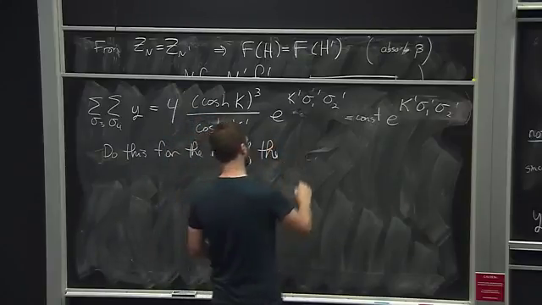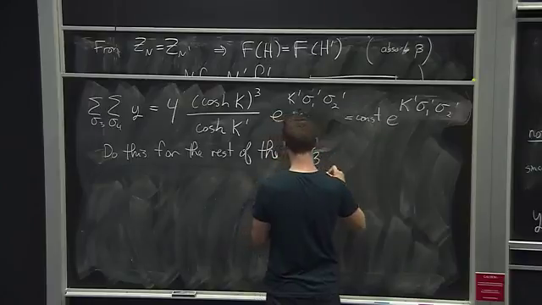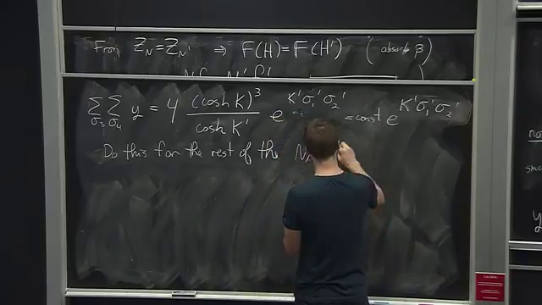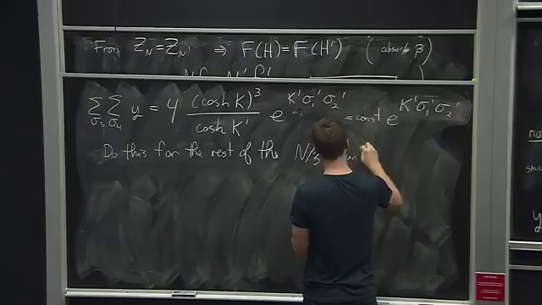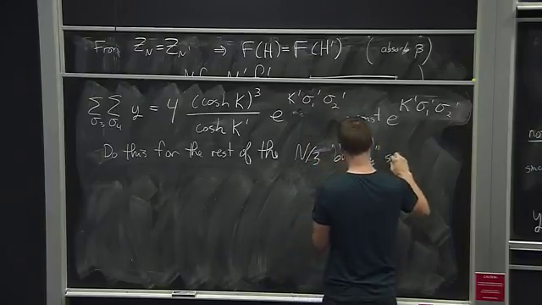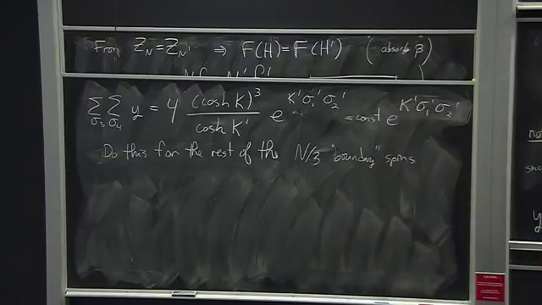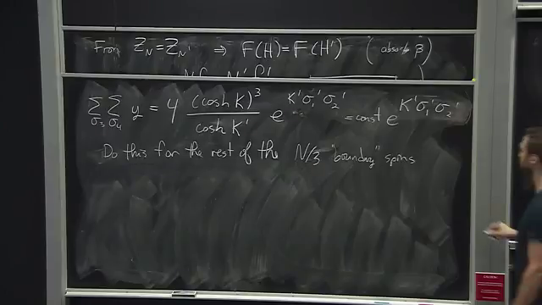Your b equals 3, so there's n basically over 3 remaining boundary spins, which are the spins 3 and 4. You have to do it again for 6 and 7, 9 and 10. That's what I mean, right?